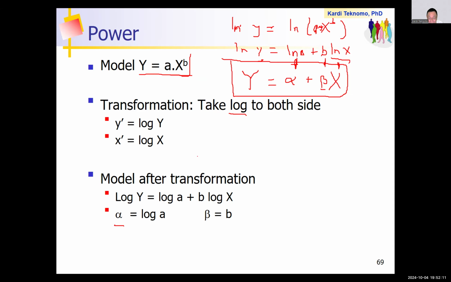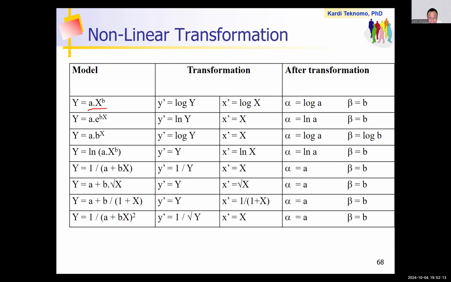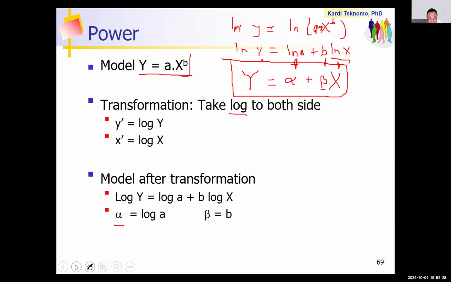So come back to this table. You see, this is the transformation that you need. After the transformation you need to convert these values back. So let's take an example.